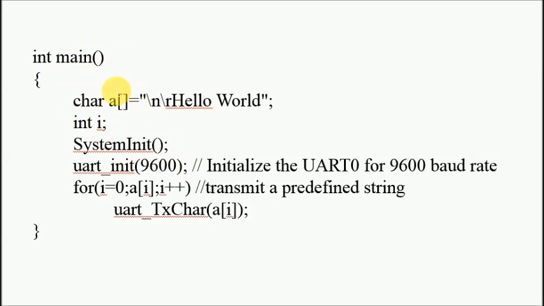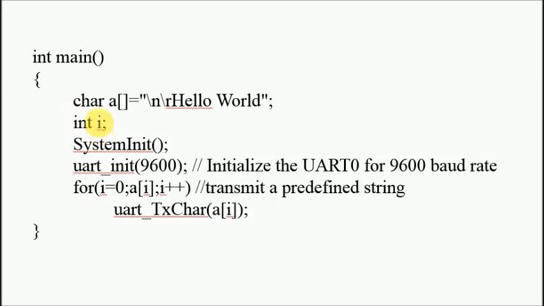Next, the main program. In the main program, I define a string, that is hello world, and I am going to transmit this string via serial communication. So I am defining a character array A, and whatever these characters are will be loaded into this array.